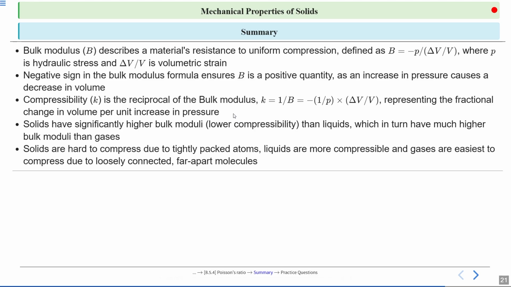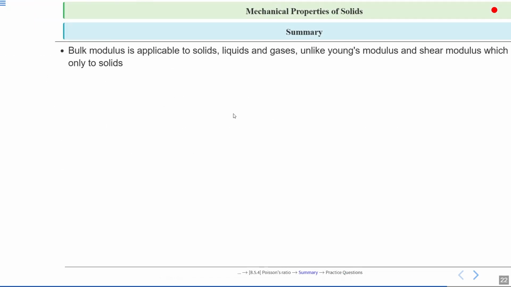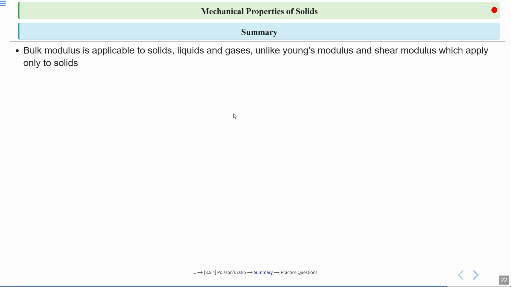Solids are hard to compress due to tightly packed atoms. Liquids are more compressible, and gases are easiest to compress due to loosely connected, far apart molecules. Bulk modulus is applicable to solids, liquids and gases, unlike Young's modulus and shear modulus, which apply only to solids.